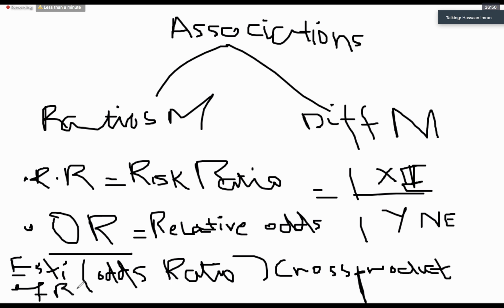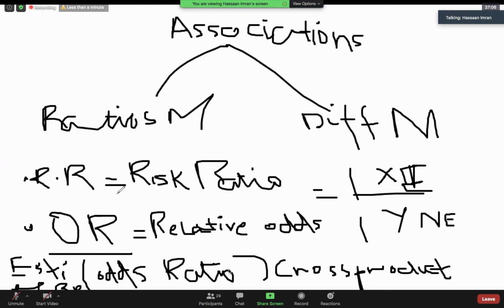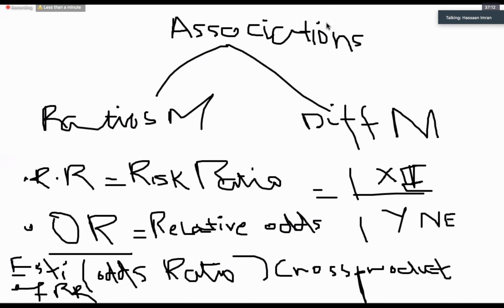So relative risk, the other term used for it is risk ratio. This should be clear to you, because for the next couple of sessions we'll keep on discussing these measures of association. So we should all be clear that relative risk is known as risk ratio, okay?